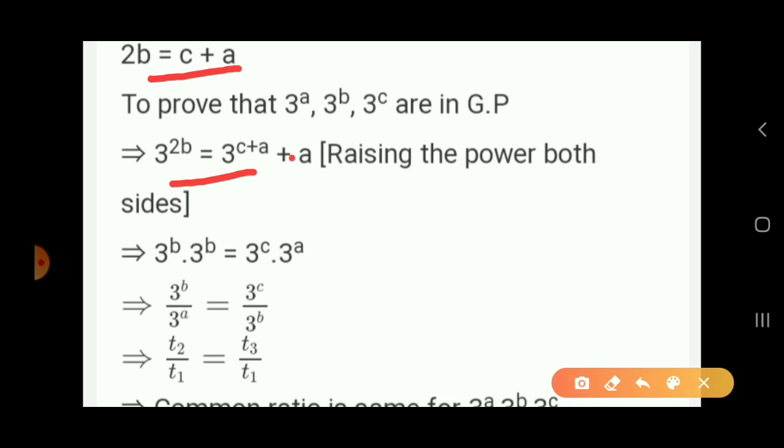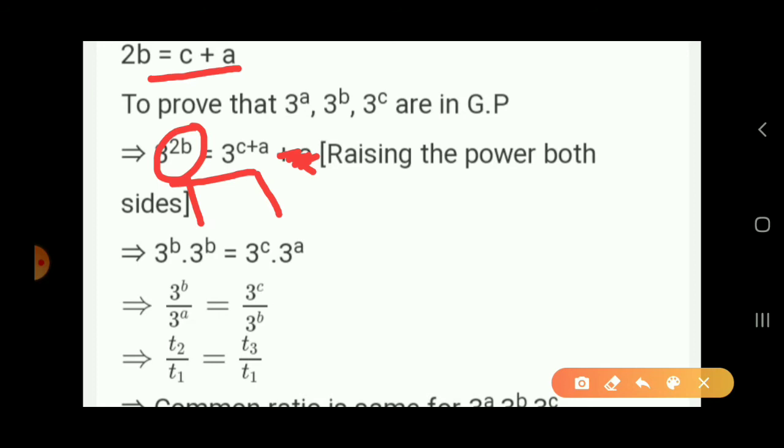So 3 power 2B can be written as 3 power B into 3 power B, and 3 power C plus A can be written as 3 power C into 3 power A.